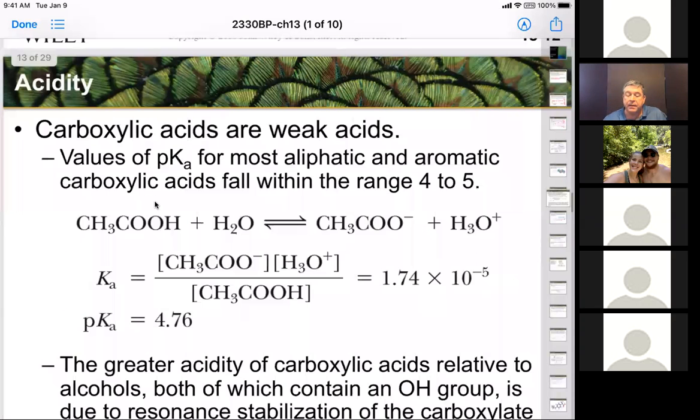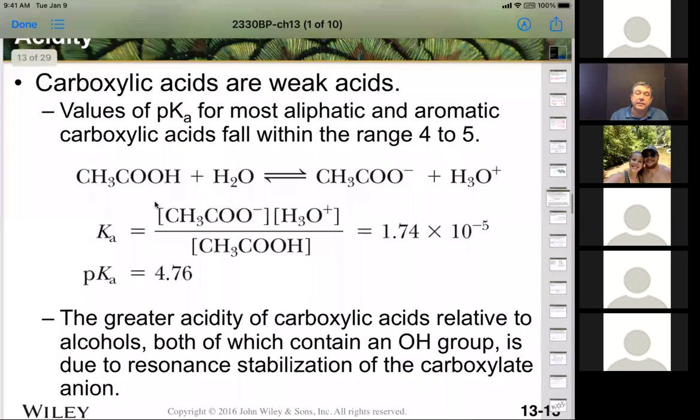Okay, because they are weak acids, they do get to have this resonance stabilization that lets them dissolve in water.